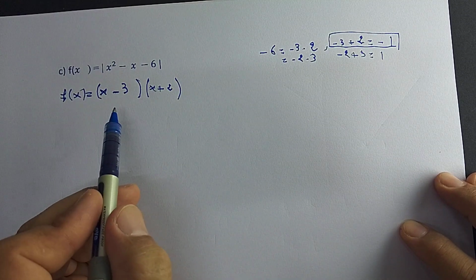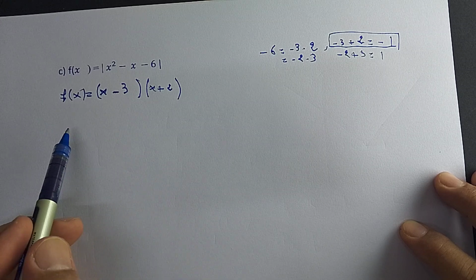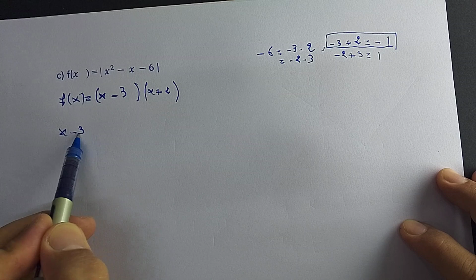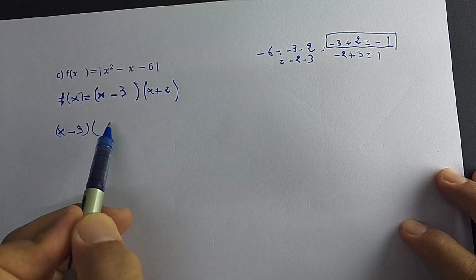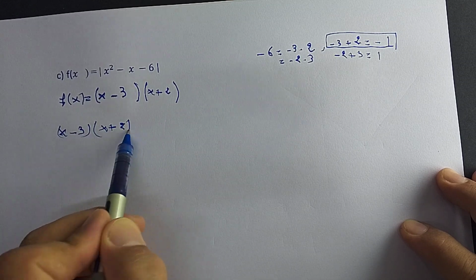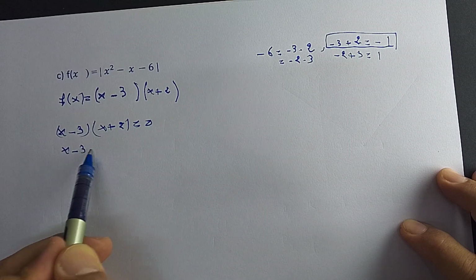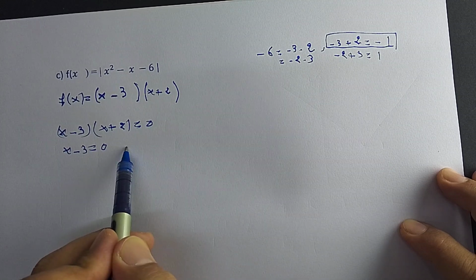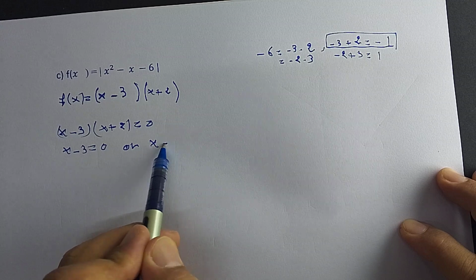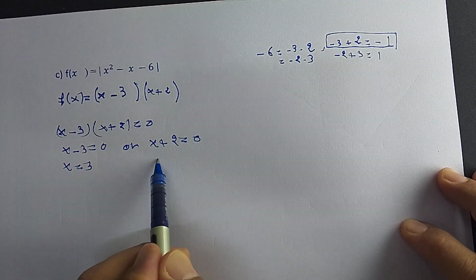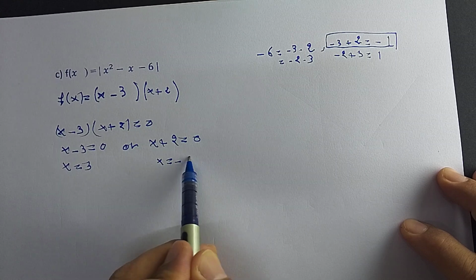What are the x-intercepts? Here x minus 3 times x plus 2 equals 0. So x minus 3 equals 0, or x plus 2 equals 0. So x equals 3 and x equals minus 2.